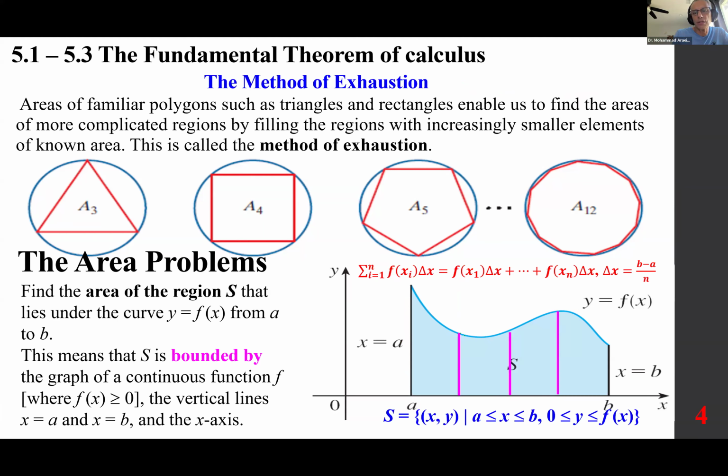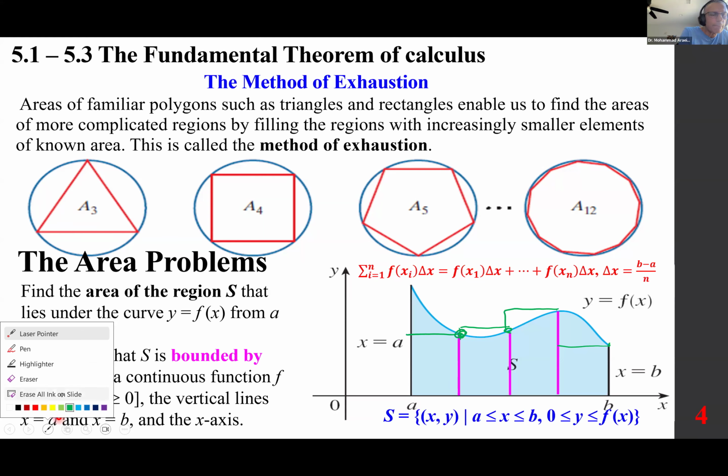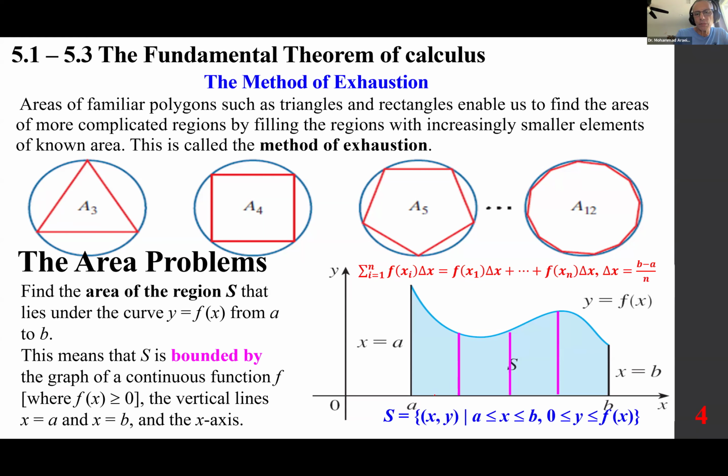Or if I use the right endpoints, this one, this one, this one, this one, I get a different size rectangle. And the sum will be different, but that's an approximation. So the approximation is somewhere in between. I may even use somewhere in between, like the midpoint. This is right in the middle.